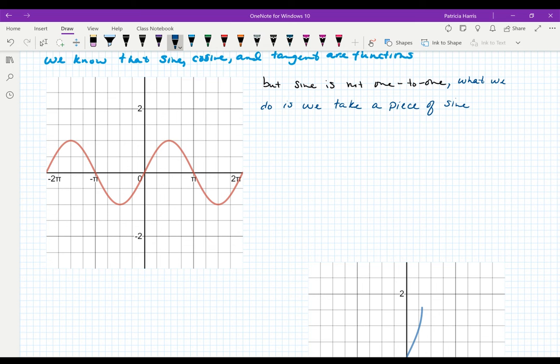Okay, we take a piece of its domain with the corresponding range, and we basically force that function to be one-to-one. So we only look at negative pi over 2 to pi over 2 as the domain.